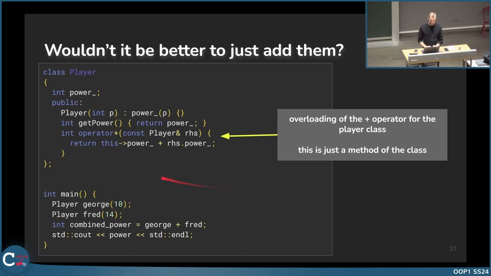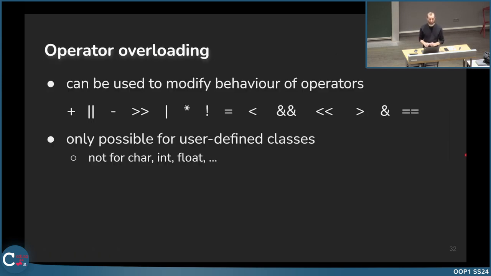I know you cannot understand this completely now, but the next slides hopefully will cover all this. In general, operator overloading can be used to modify the behavior of operators, as we have seen in one example. And these are example operators we could modify. I will show you afterwards a few funny and awkward styles of how people modify operators.